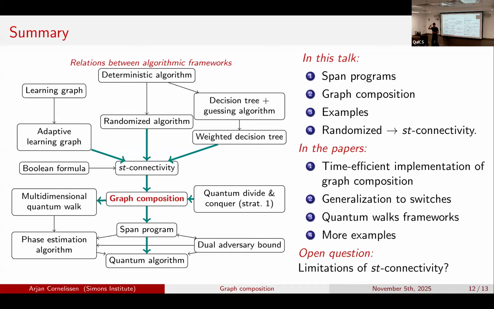For both of these relations, I have no idea how to prove a separation between them. And it's tantalizing because at least one of the two has to be true, right? Because we already know there's a separation between quantum algorithms and randomized algorithms. So for the relation, ST connectivity must be either constant or non-constant. But even that, I have no idea. So there's an open problem there where I've been hitting a wall.